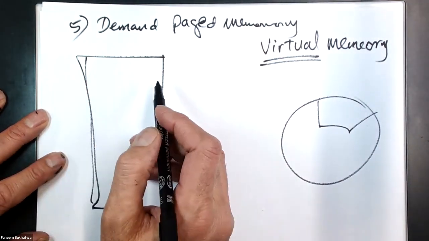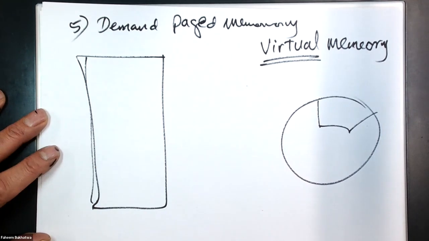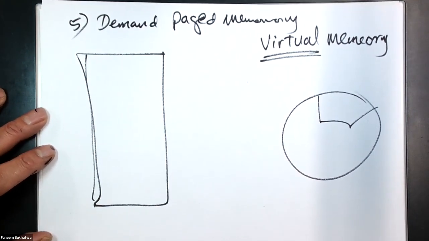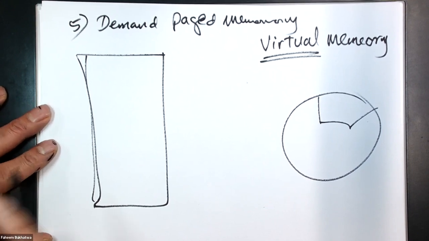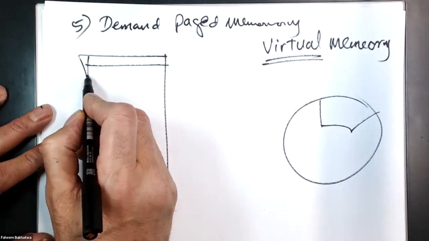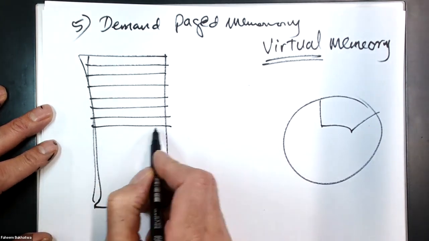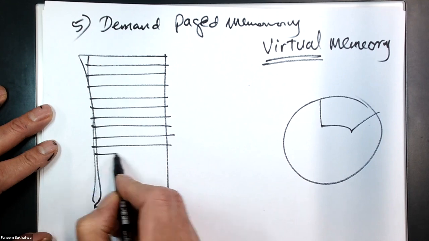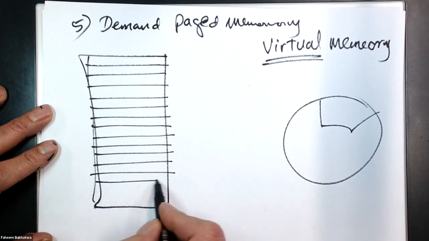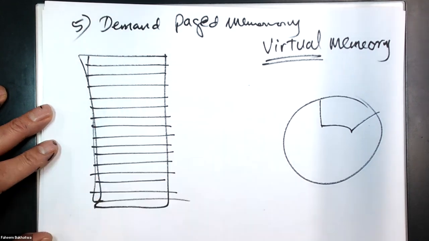This is how it works. Every time you're asked about any memory system, you must first say what happens at the start. When the computer is switched on, main memory is divided into equal size spaces or partitions. We call them page frames. Each one of those is known as a page frame.